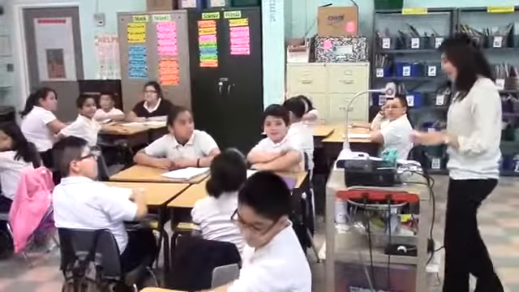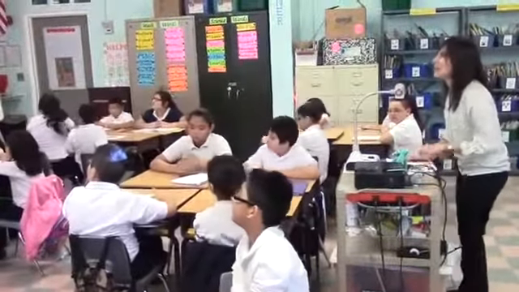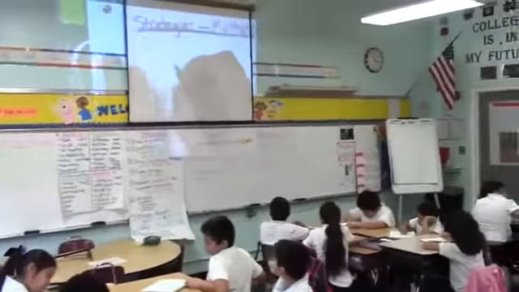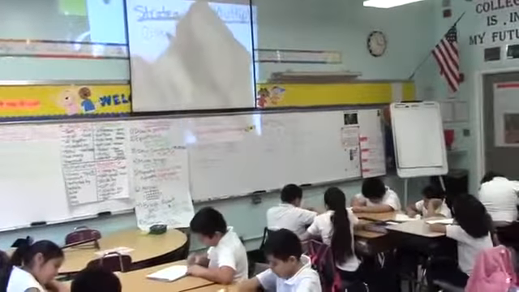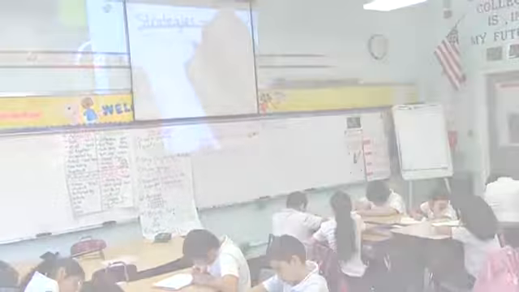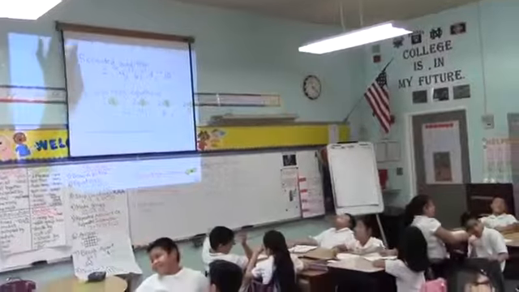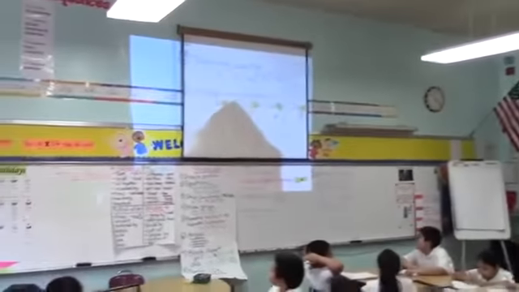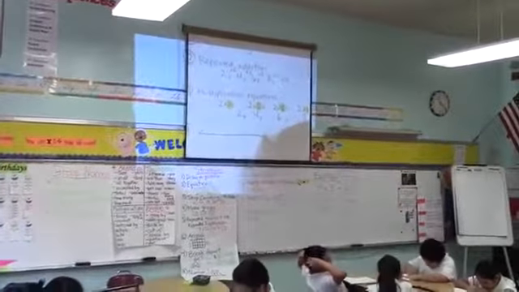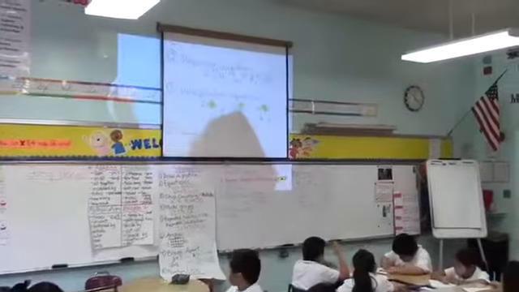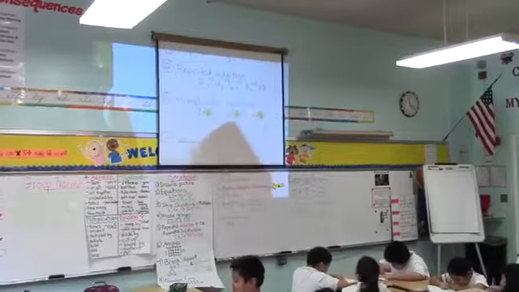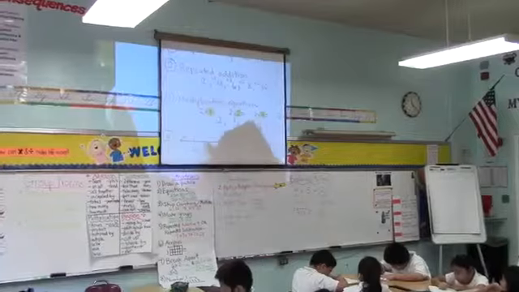Skip counting, okay? So the first strategy we could use is, let's write it down, we could do skip counting. Mia. The number line. So we can use number line, if you like, and do jumps. Because this is like skip counting, right?